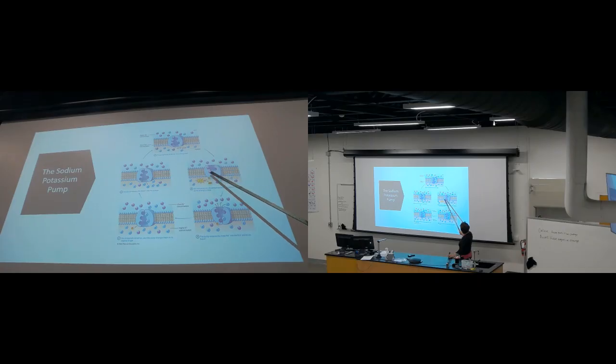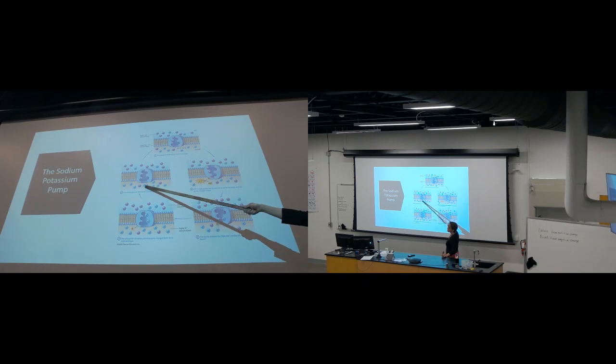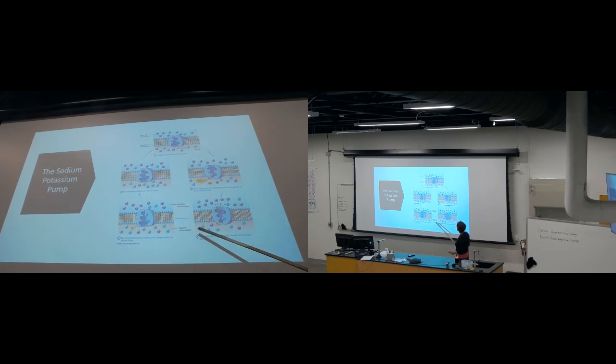So now this part opens, and then since you have loaded already your sodiums here, this sodium is ready to go out. And then as this sodium is getting out, potassium comes in, and then this part closes, and now potassium is available to be discharged to the inside of the cells. So that's how it works, and you require ATP.